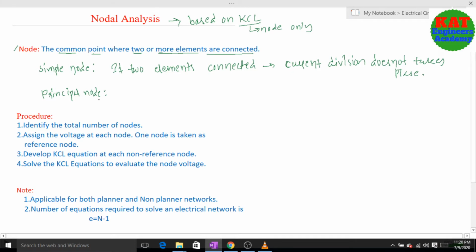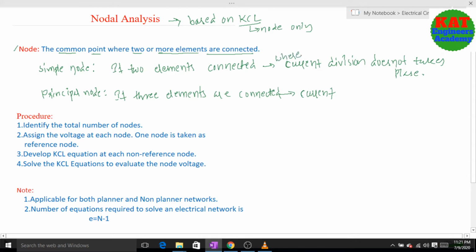A principal node is where three elements are interconnected. Where three elements are connected, current division takes place.